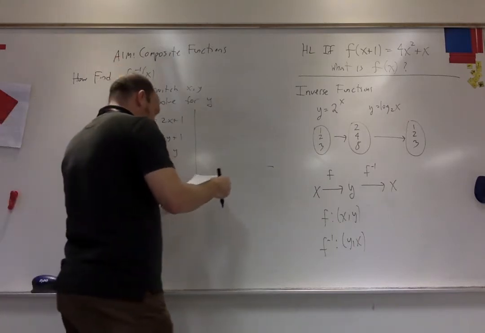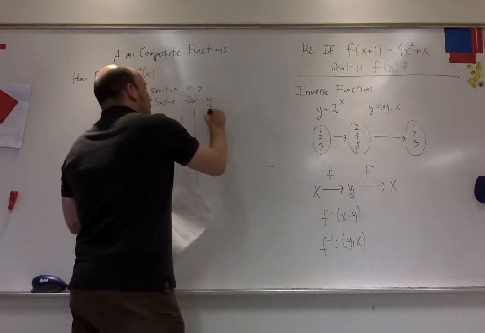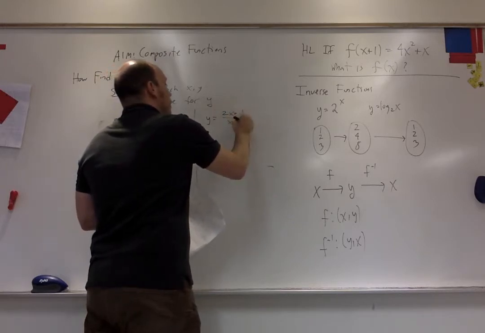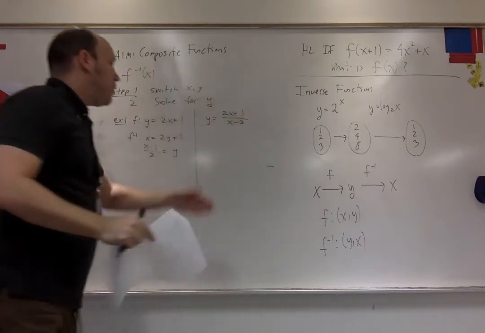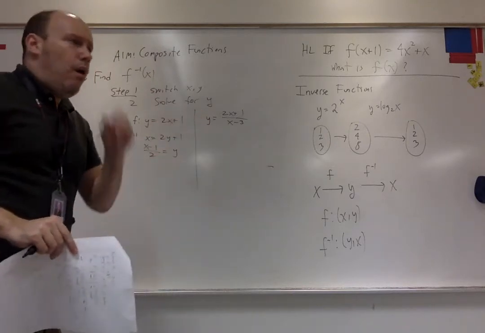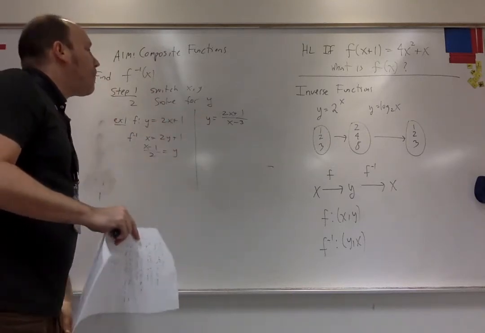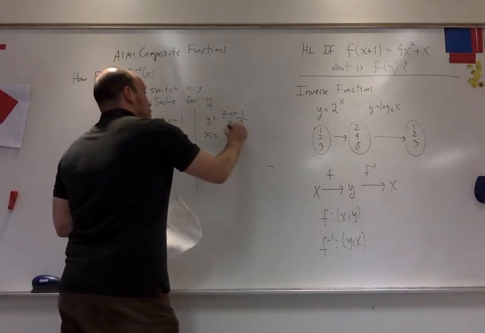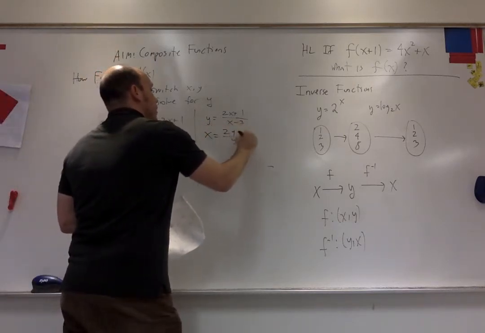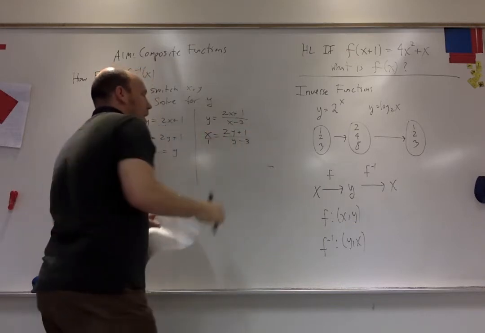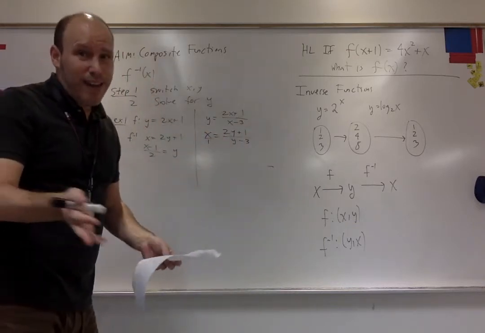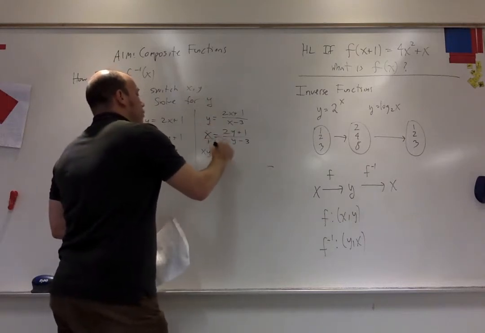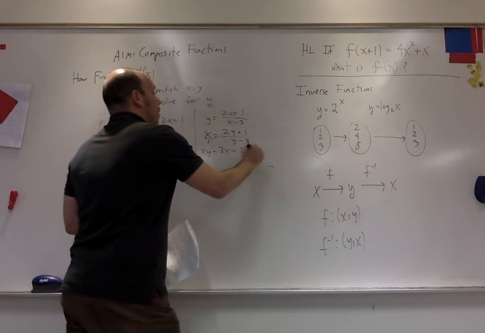You were introduced to y equals 2x plus 1 over x minus 3. The question was, how do I find the inverse of that? Well, you switch the x and the y. And the idea is, how do I solve for y? Well, the trick is you cross multiply. So you have xy minus 3x equals 2y plus 1.